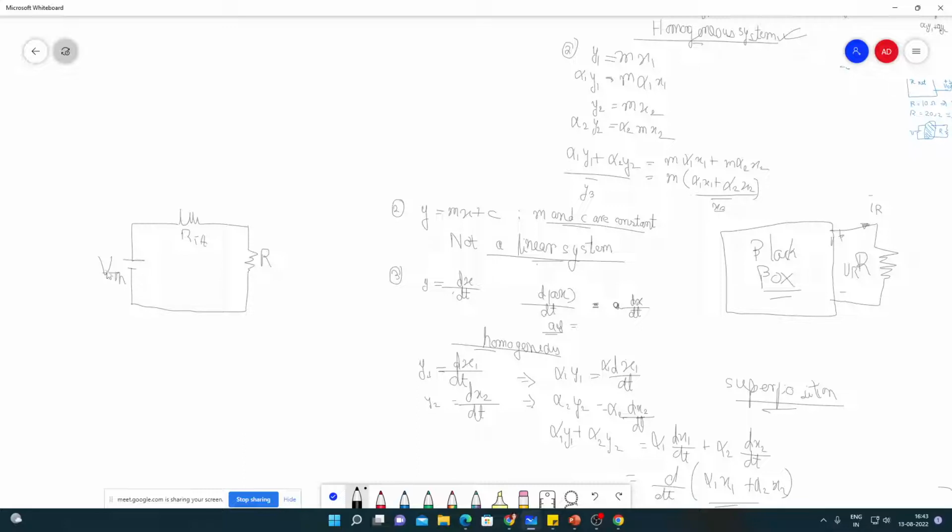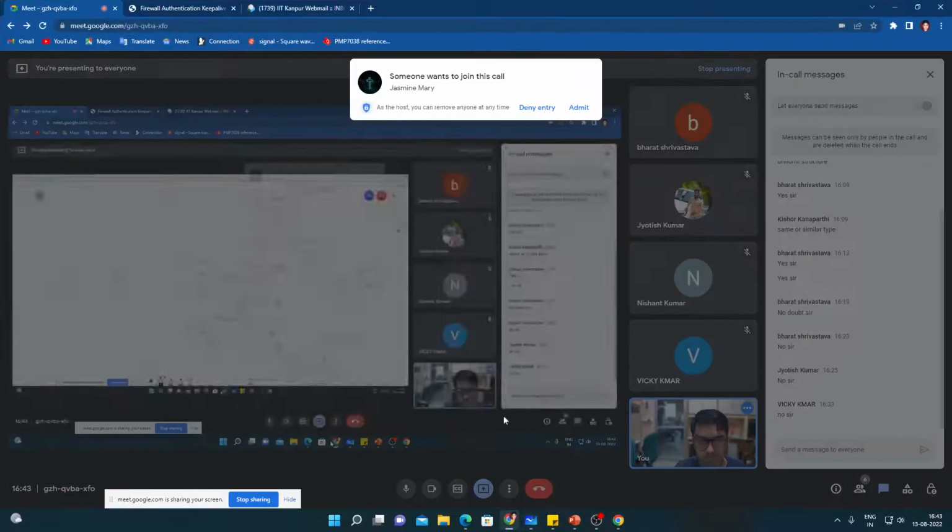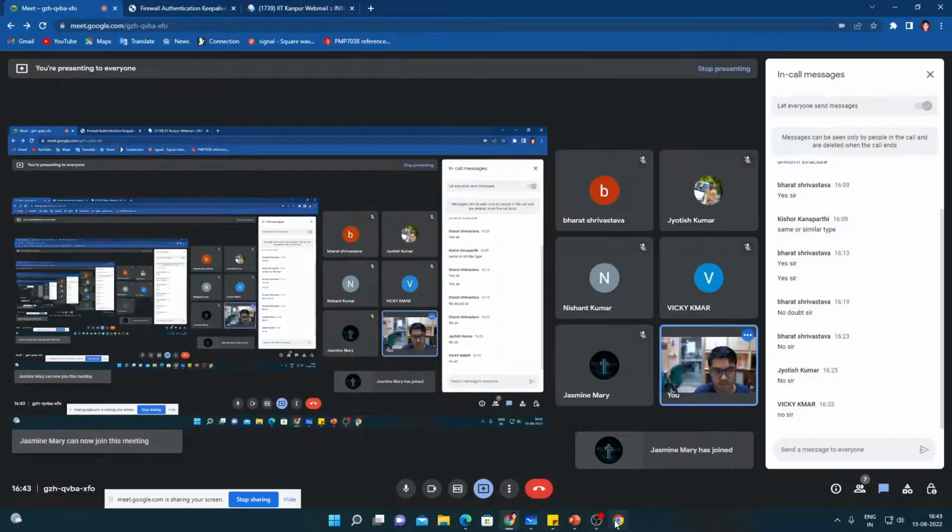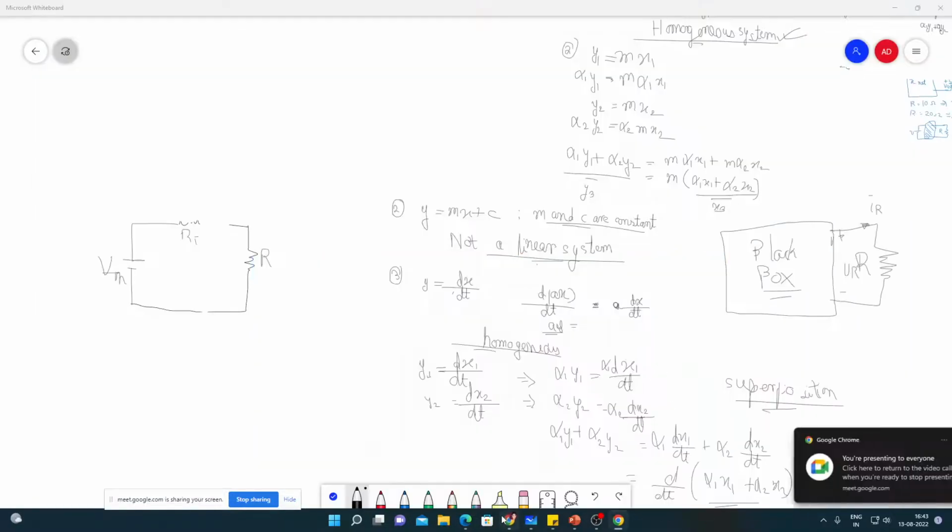Now how do we find these values of V Thevenin and R Thevenin? To find those values, remove this load resistance. So this is the resistance in series, and it's connected to the load resistance.